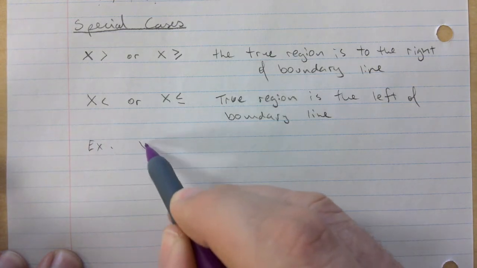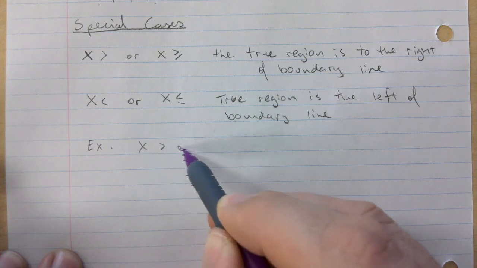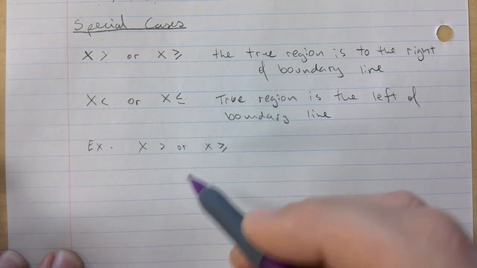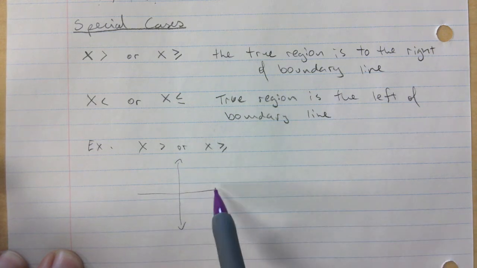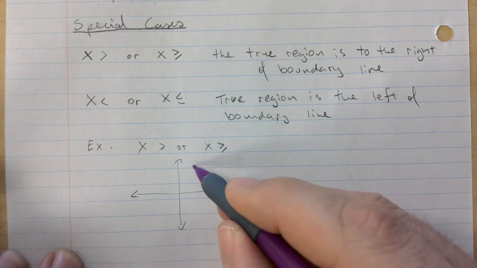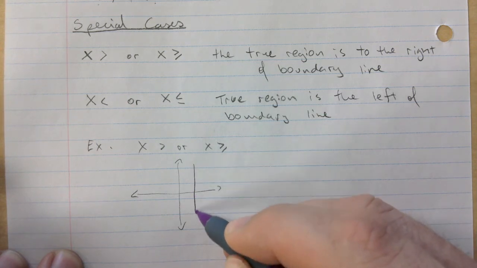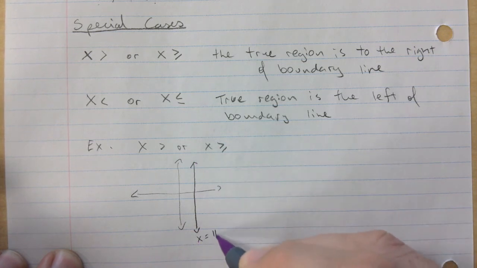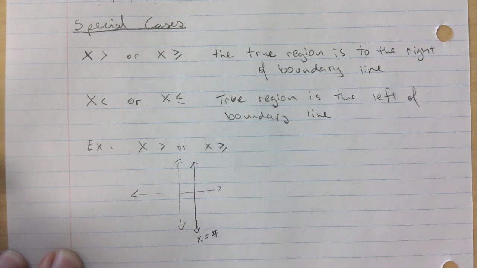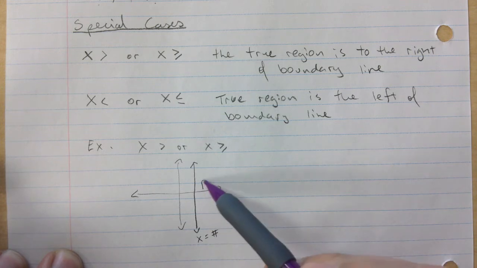Examples: x greater than or x greater than or equal to. You will have a dashed or a solid line that is vertical, right? This will be x is equal to a number, and the true region will be here.